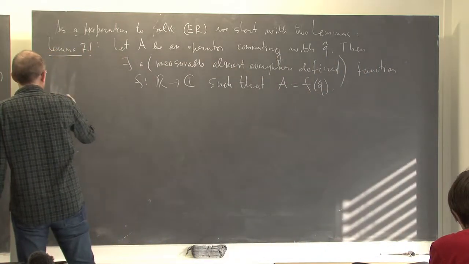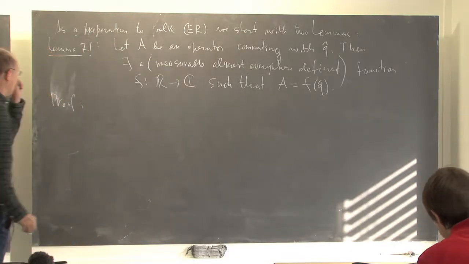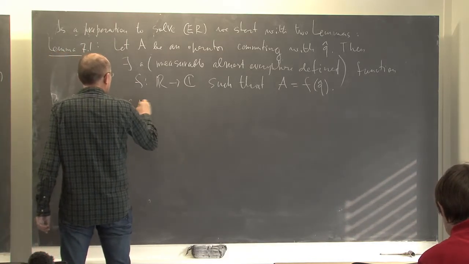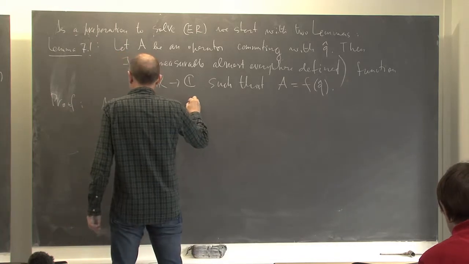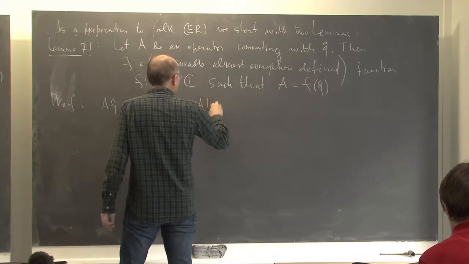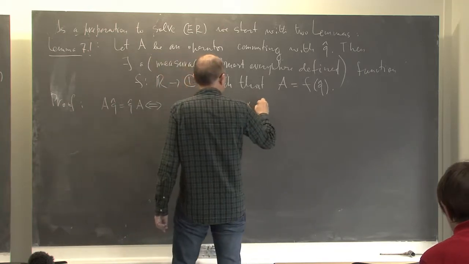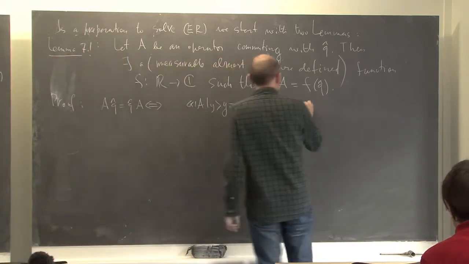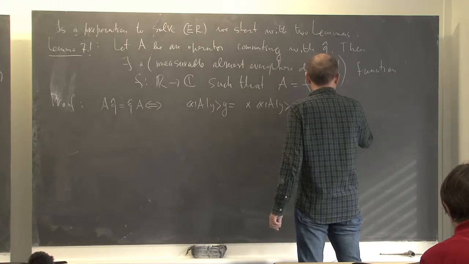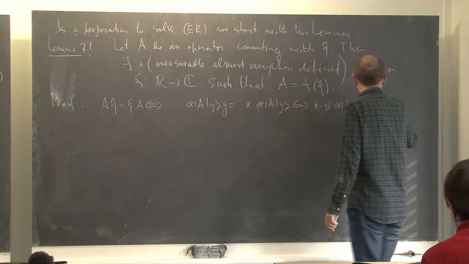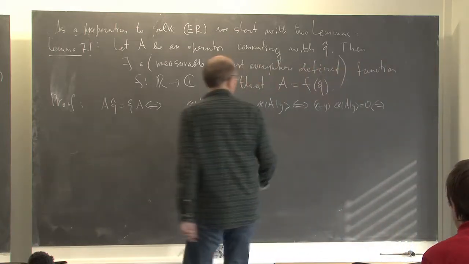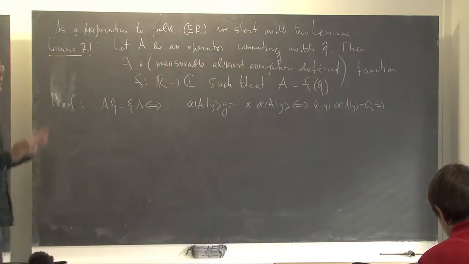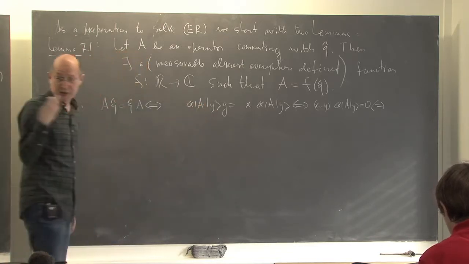And the proof is easy. We just use the integral kernel. So qA = Aq is equivalent to x A(x,y) y = x x A(x,y). In terms of the integral kernel, this is equivalent to (x - y) A(x,y) = 0. So you see, if x is not equal to y, the integral kernel vanishes. It doesn't vanish only for x equal to y, but the integral kernel is a distribution.